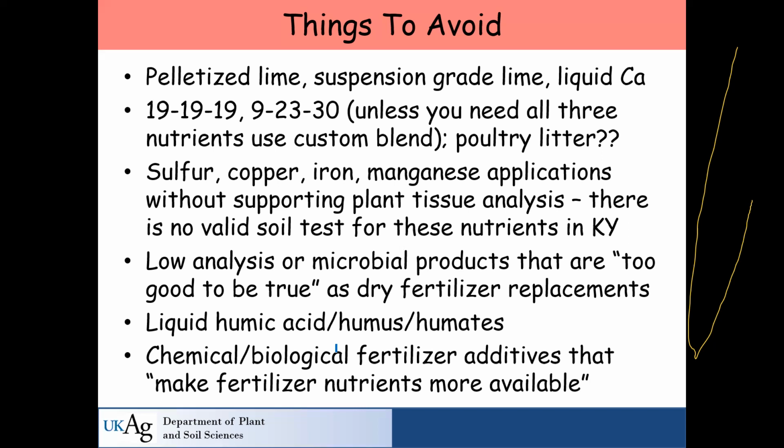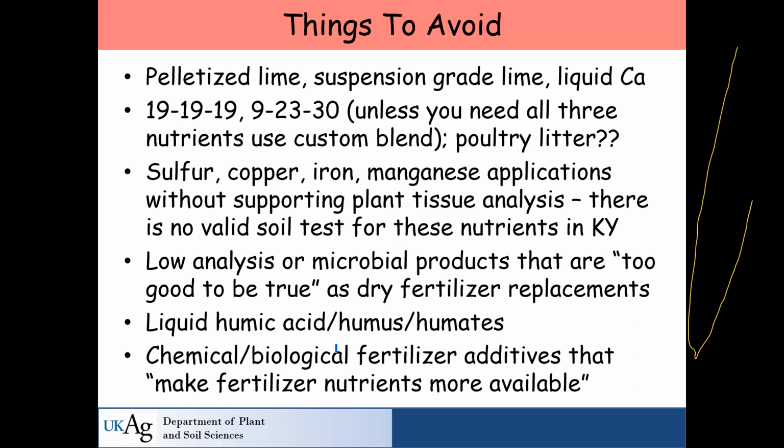There is no value to liquid humic acid or humus or the humate products, because you think, again, what's in a jug of that stuff? A soil that only has 0.1% of organic matter has 2,000 pounds of organic matter per acre. Most soils have at least 1%, which is 20,000 pounds per acre.